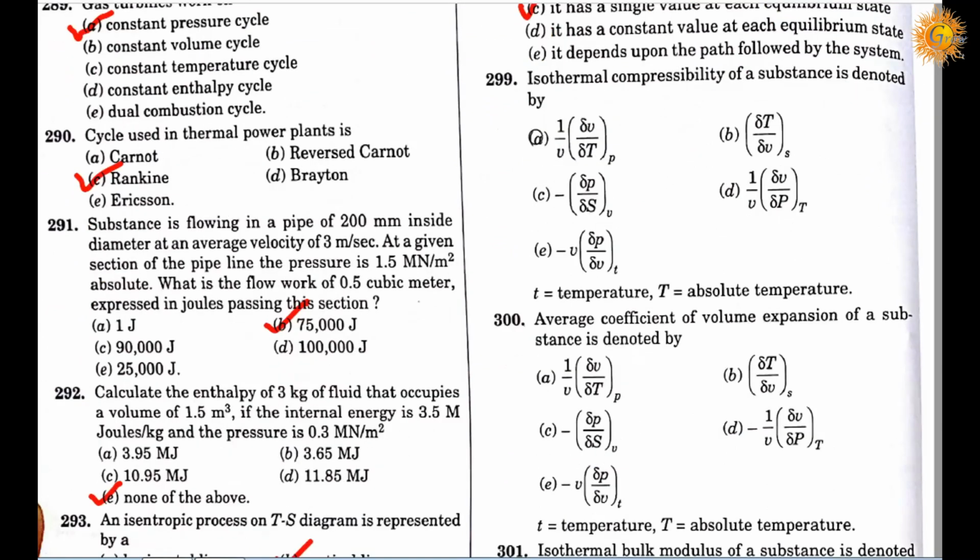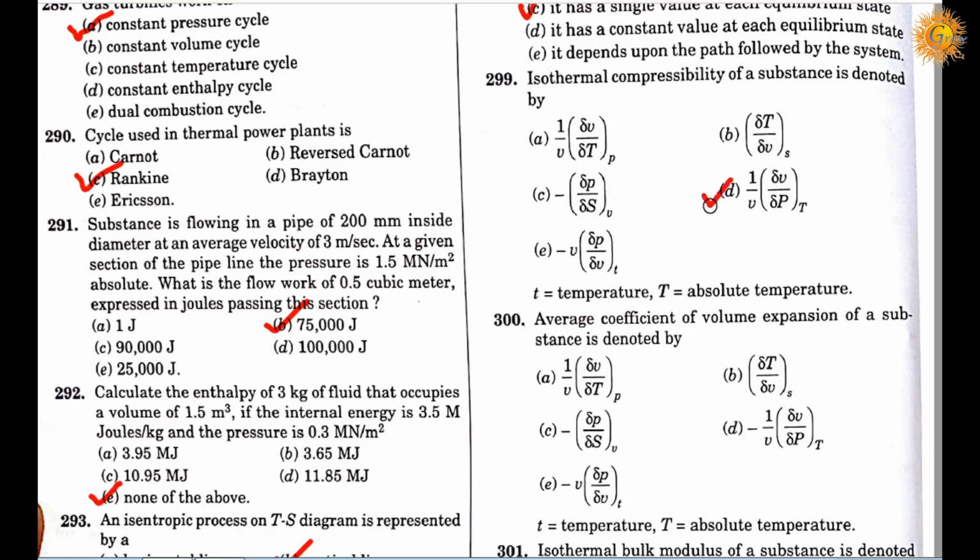Question number 299. Isothermal compressibility of a substance is denoted by: option A, 1/V (∂V/∂T) subscript P; option B, (∂T/∂V) subscript S; option C, −(∂P/∂S) subscript V; option D, 1/V (∂V/∂P) subscript T; and option E, −V (∂P/∂V) subscript T, where small t is the temperature and capital T is the absolute temperature.